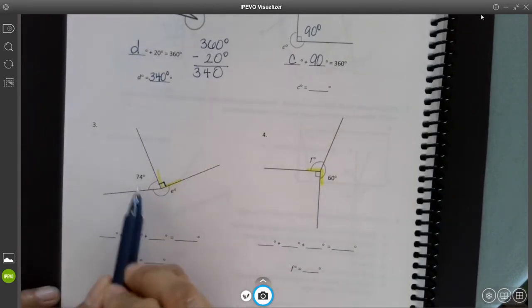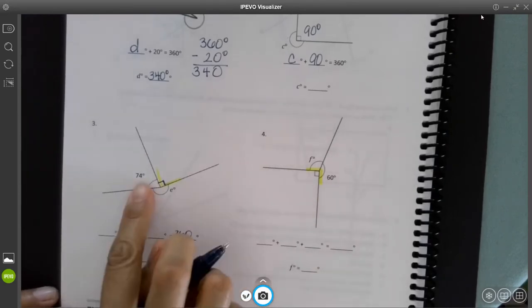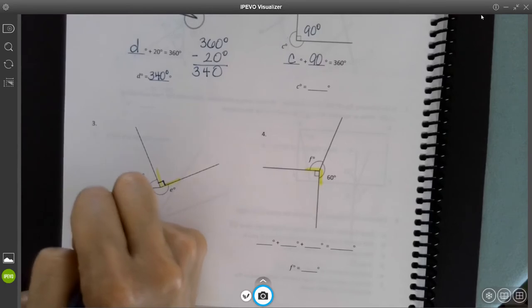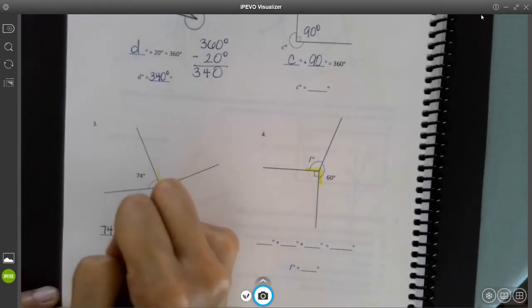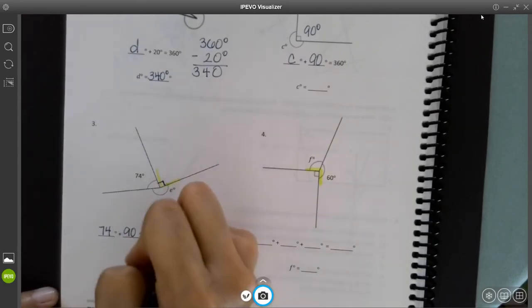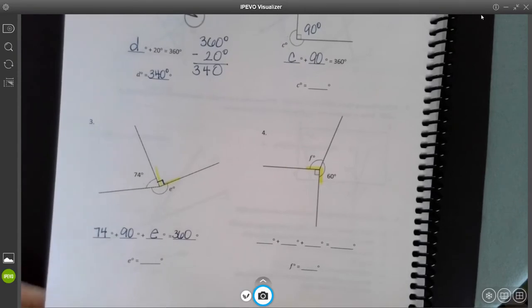They all surround a point, so they all should equal 360 together. We know 74 degrees is here. We know this one is 90. And then this is E, of course. We're looking for E. So go ahead and figure that out and find E, and you can check your work later.